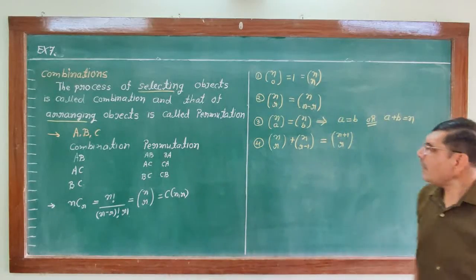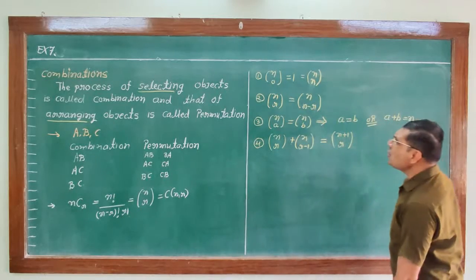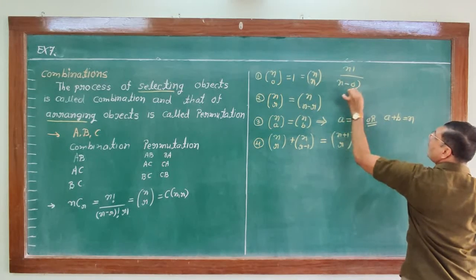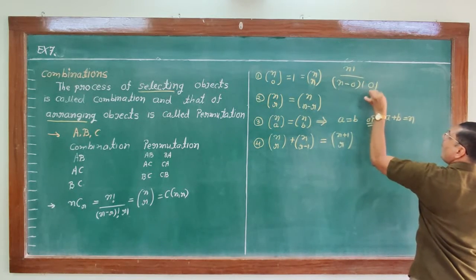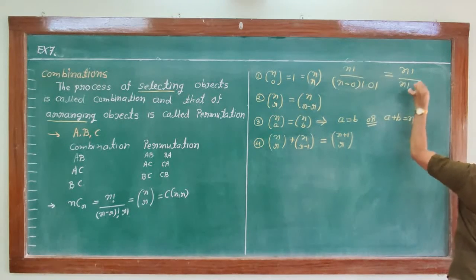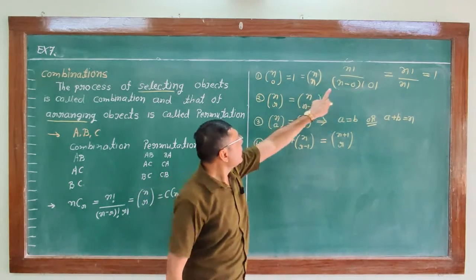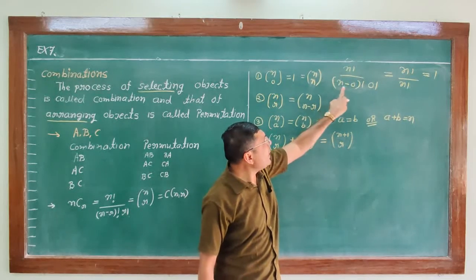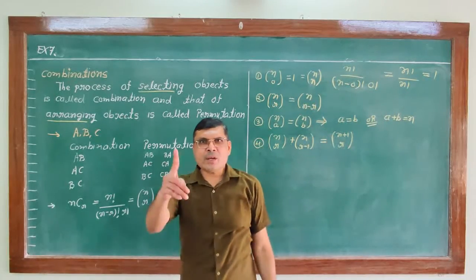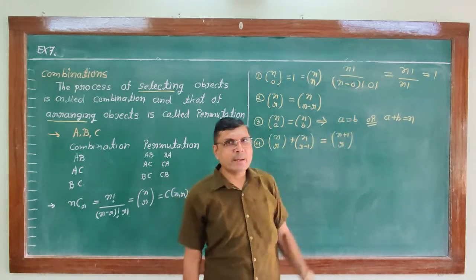First formula, say apply your formula, this one. nC0 is n factorial upon n minus r factorial, r equal to 0 here, into r factorial. 0 factorial is 1, n minus 0 factorial is n factorial, answer is 1.